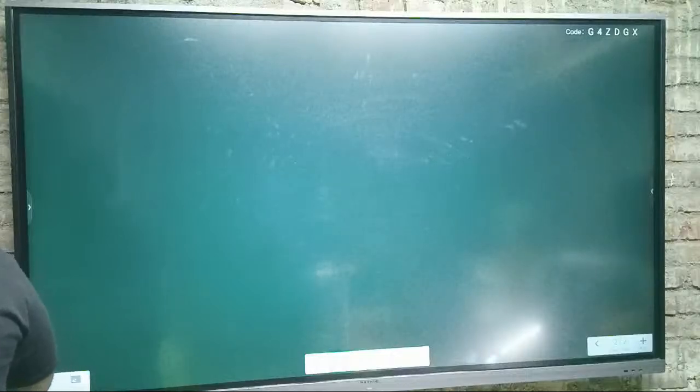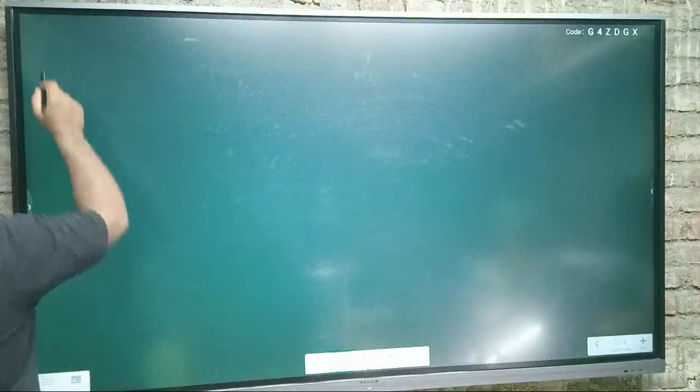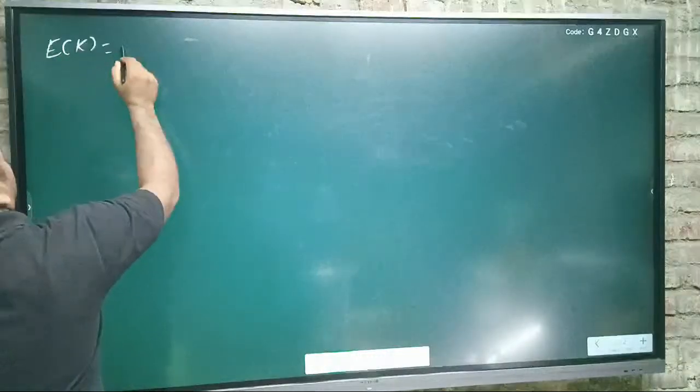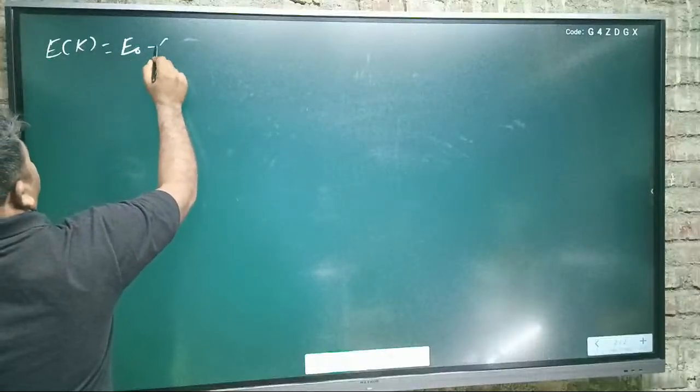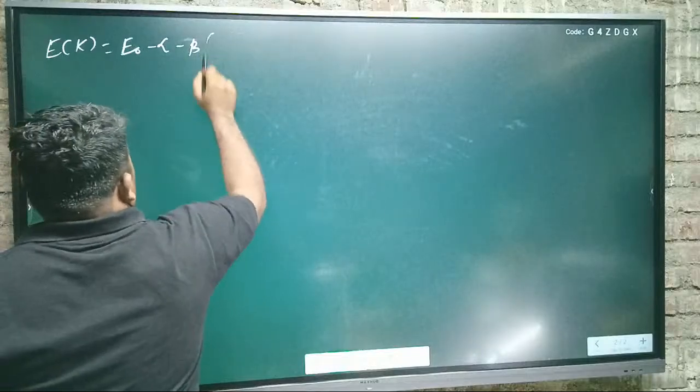Which one is missing? What is the energy formula? E of k is equal to E naught minus alpha minus beta, minus beta.